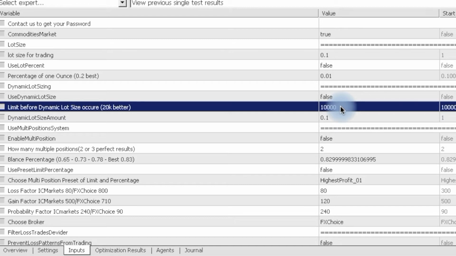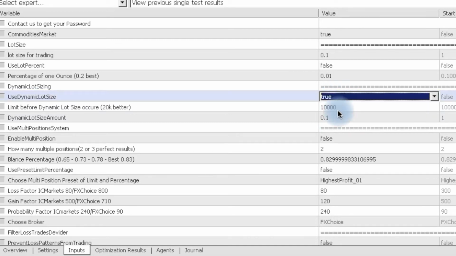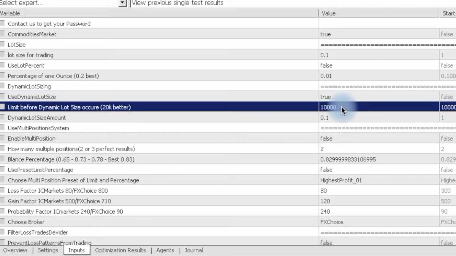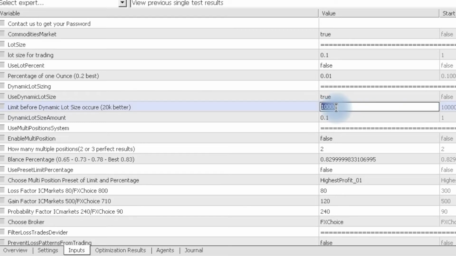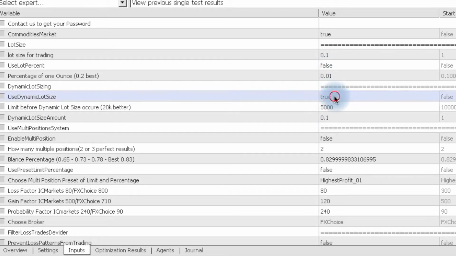So if I have $5,000, this will not be activated even though it's set to true, because I still didn't reach the $10,000. If I want to change this to $5,000, then when my account reaches $5,000, I will start using this. If it doesn't reach, then it's not used. So this is the only difference between this option and the one before. So let's set that back to false.